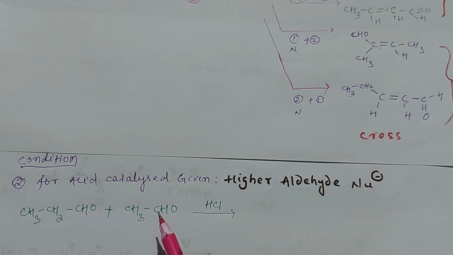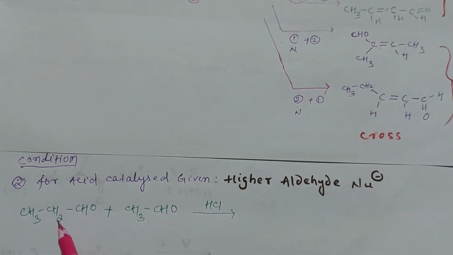In that acid catalyzed reaction, the main driving force is abstraction of H plus from the acid by the carbonyl oxygen. If we choose the lower aldehyde as nucleophile and it attacks the higher aldehyde, it will be hindered by this bulky group. Therefore, we choose the higher aldehyde as nucleophile.